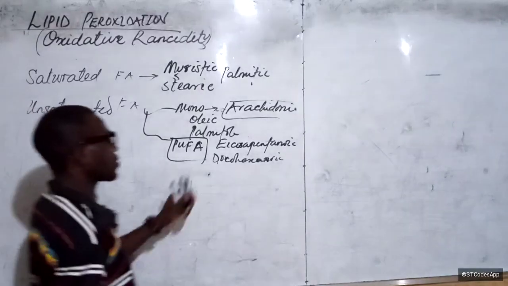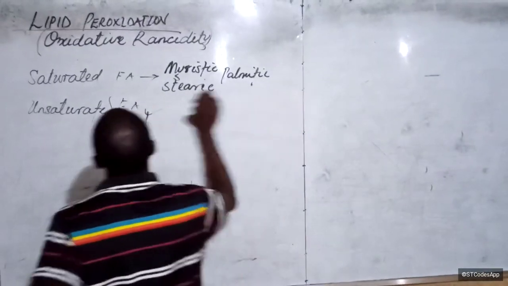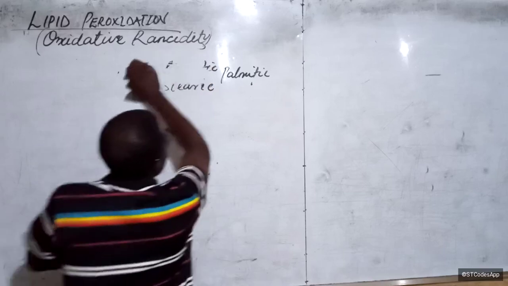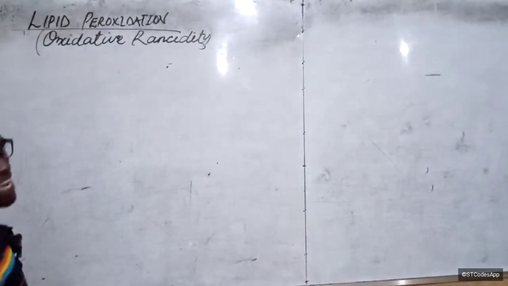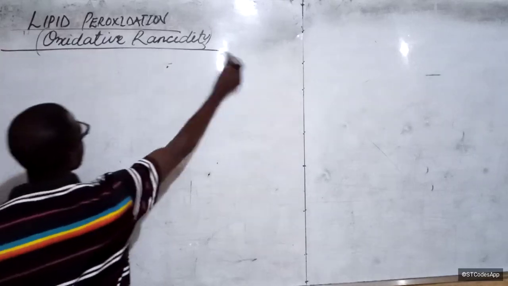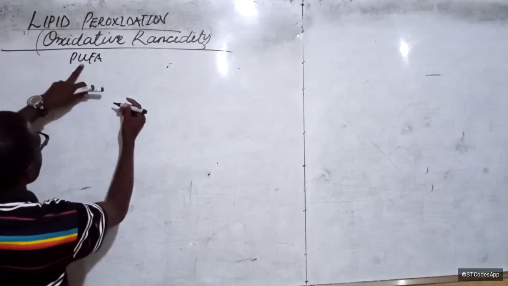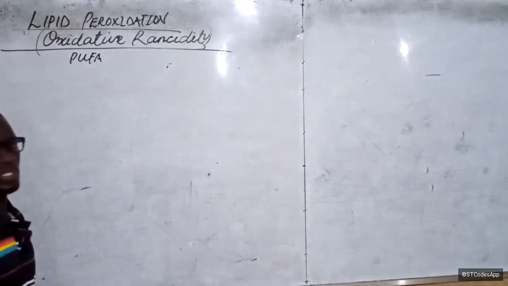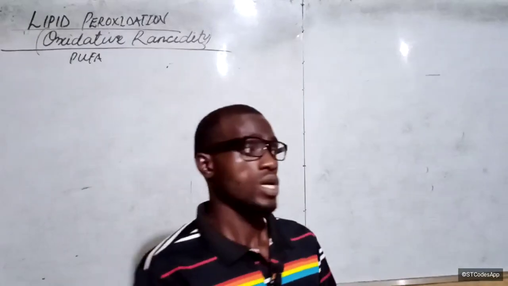Now in the context of the polyunsaturated fatty acids, how do they become peroxidized? Or how do they become rancid? How does a PUFA, a polyunsaturated fatty acid, go bad?